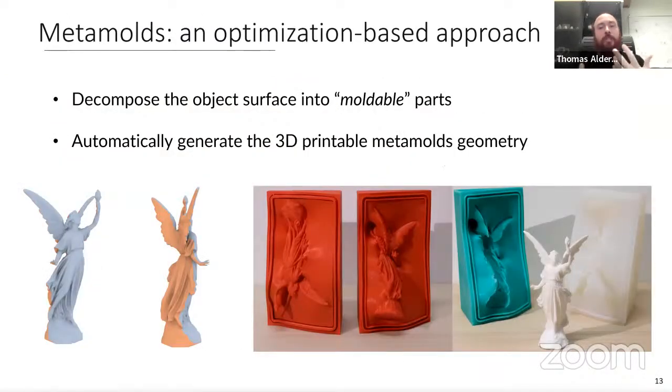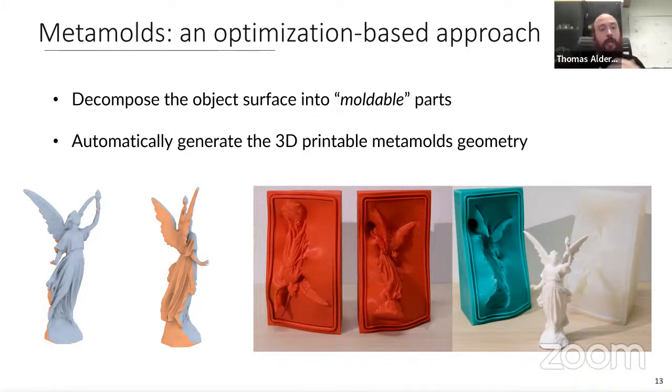Our first approach at automatizing the process of silicon mold design was MetaMolds. That is a work that we presented at SIGGRAPH 2018 that was based on an optimization algorithm based on surface decomposition that for each part of the object surface would assign a parting direction.